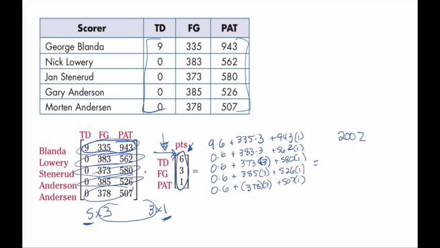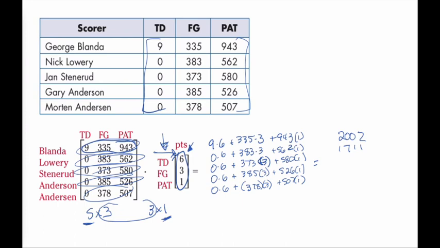And then 383 times 3 plus 562 is 1711 for Nick Lowry.